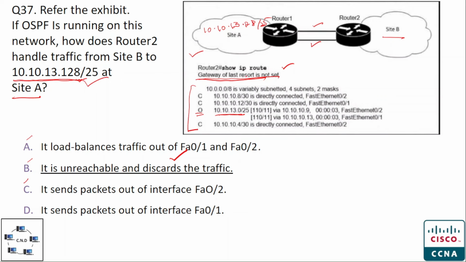If the gateway of last resort was set, such as 10.10.10.9 or 10.10.10.13, we would have been able to reach this particular network because the traffic would have been sent through the gateway of last resort. But since we haven't set the gateway of last resort, the traffic would be discarded.